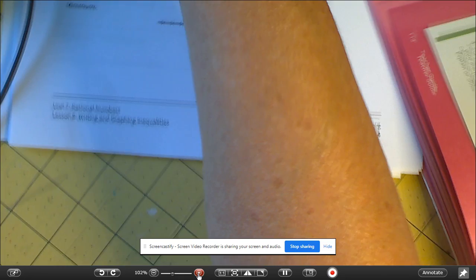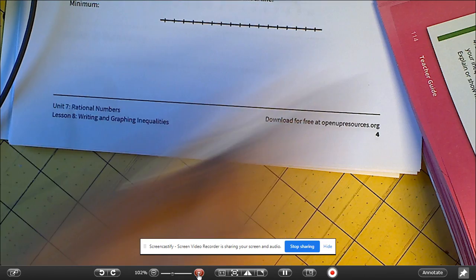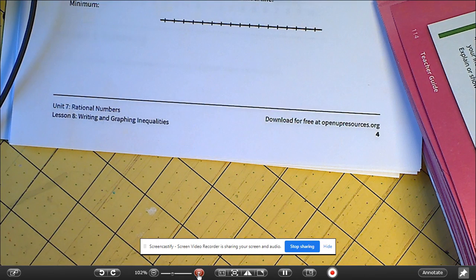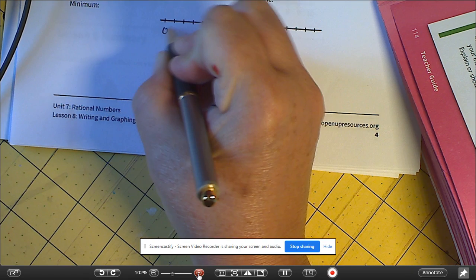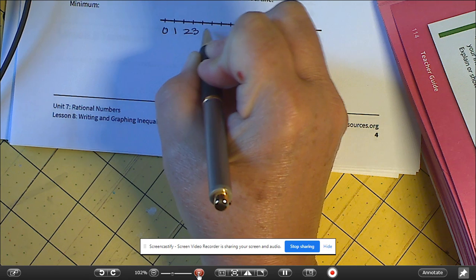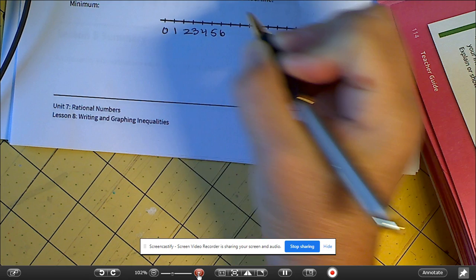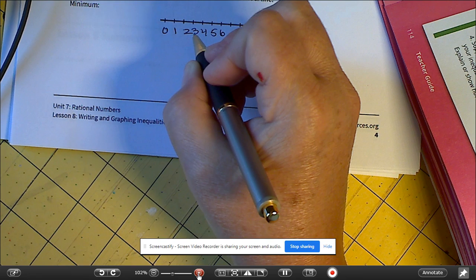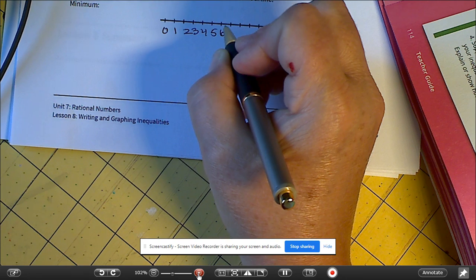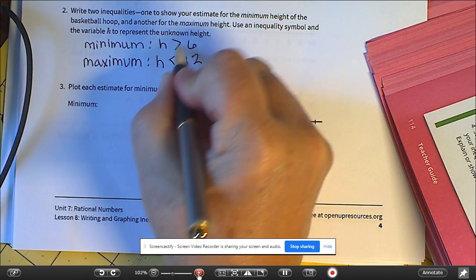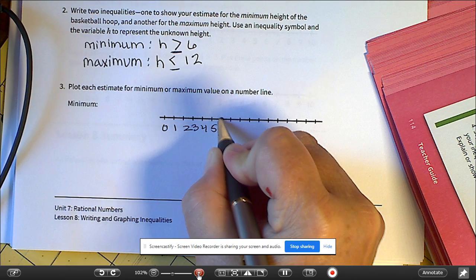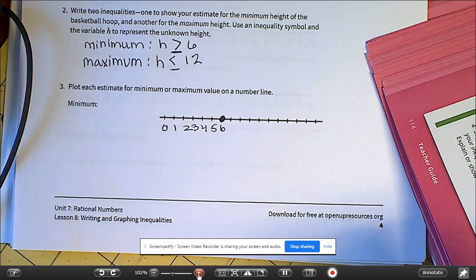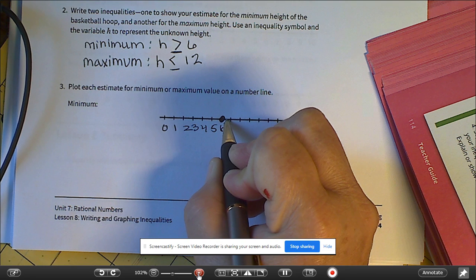All right, number 3, plot each estimate for minimum or maximum on the number line. So that would be the minimum. If I do 1, 2, 3, 4, 5, 6, I'm saying it's greater than, really greater than or equal to 6 and less than or equal to 12. So I'm going to do the minimum being a solid dot, so 6 feet.